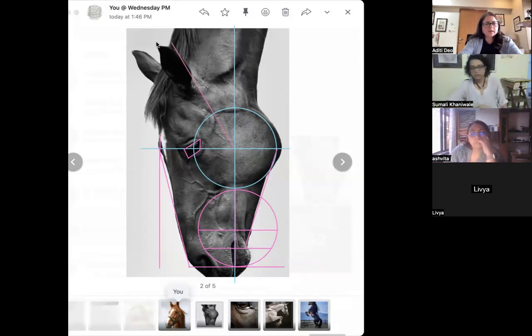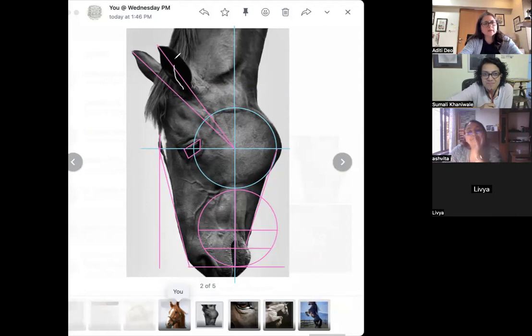Now I'll also give myself an angle for the ears, and also see the direction of the ears matters. Sometimes I'm going to make this picture, draw a line over here. Sometimes you don't see the angle and you'll end up drawing the ear differently. You probably might draw it like this.